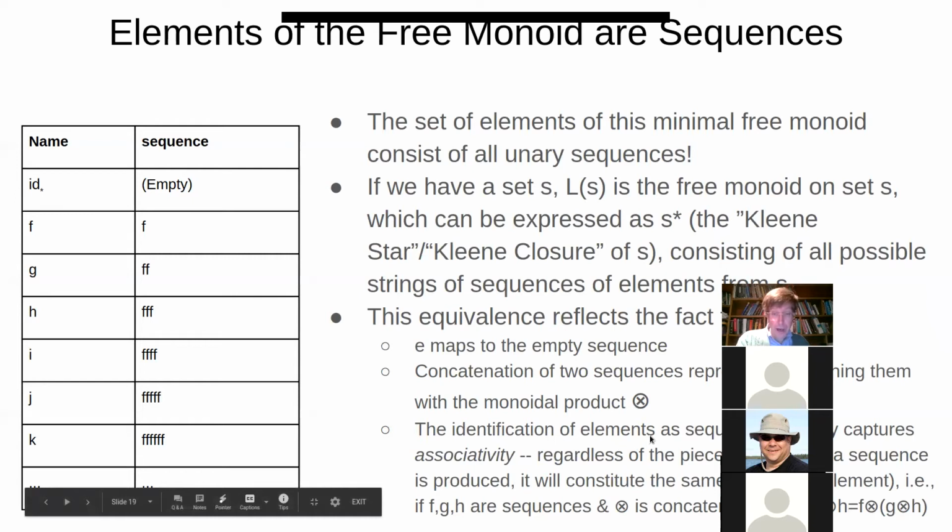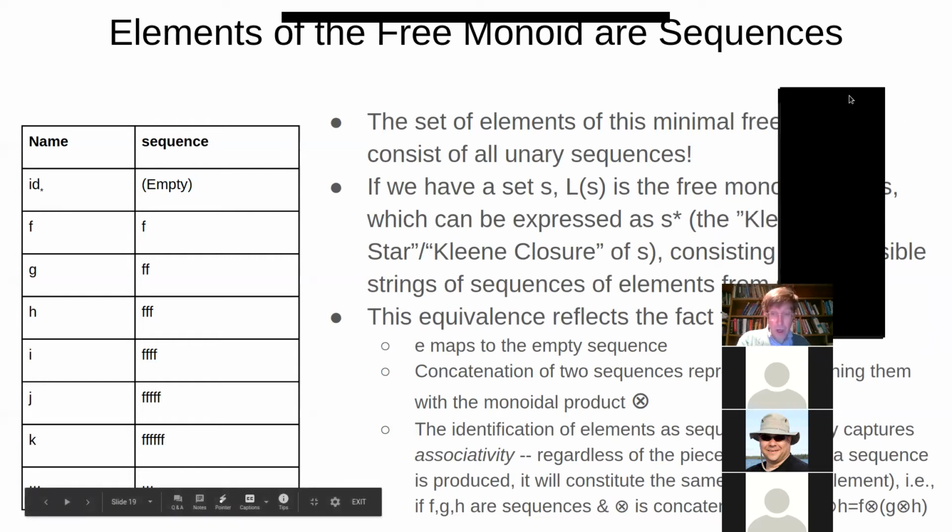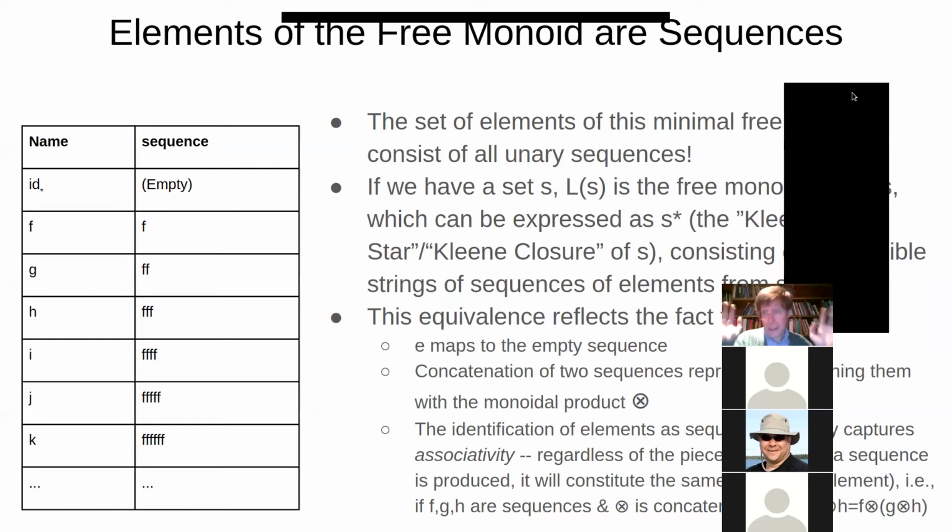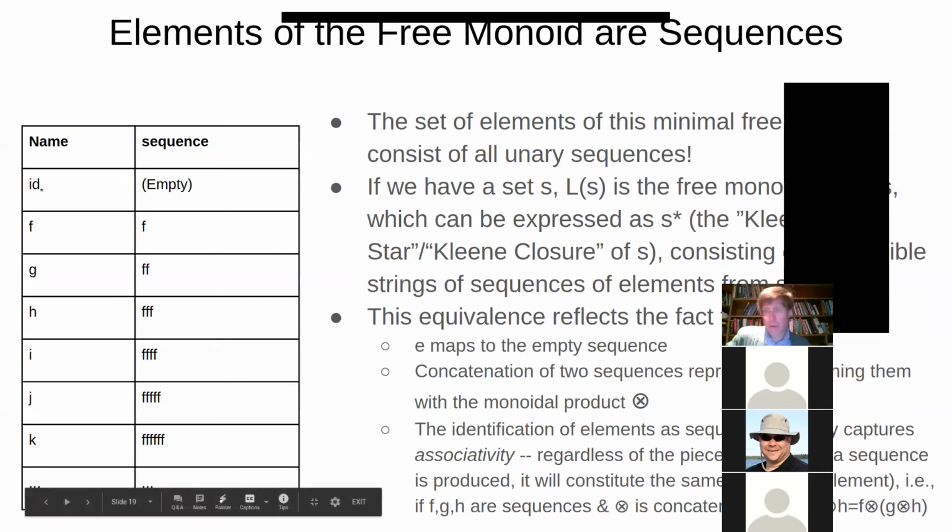And the identification of the elements as sequences, ignoring whence they came, for example, whether they were built up originally as F tensor G, then tensor H, or as F tensor G tensor H. Regardless of that, we're dealing with them as sequences.